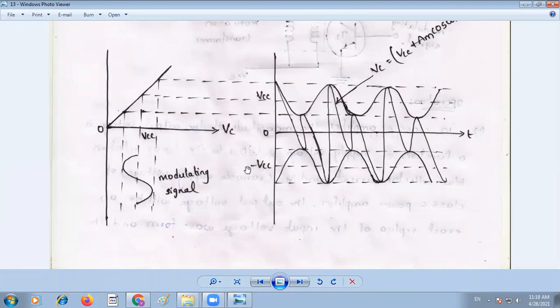Before modulation, the carrier signal is power amplified, and the modulating signal is also power amplified. After power amplification takes place, these two signals are modulated. That is high level modulation. So one of the methods is the collector modulated method.